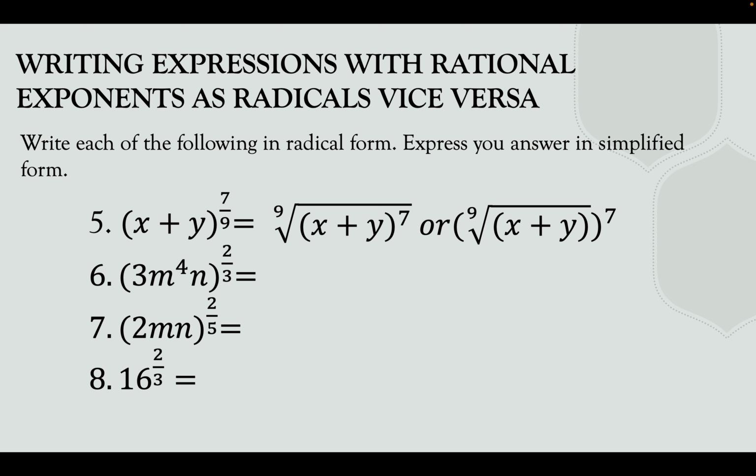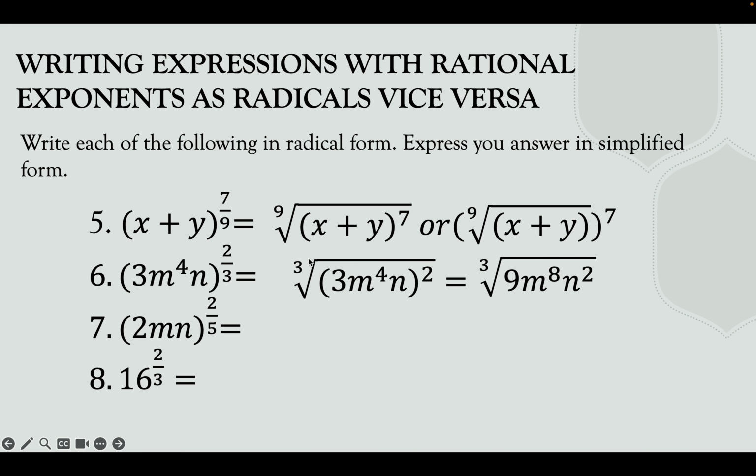Next, we have 3m raised to 4n, all raised to 2 over 3. In this one, the base of the radicand is 3m raised to 4n. The exponent of the radicand is 2, the numerator, and the denominator is the index.